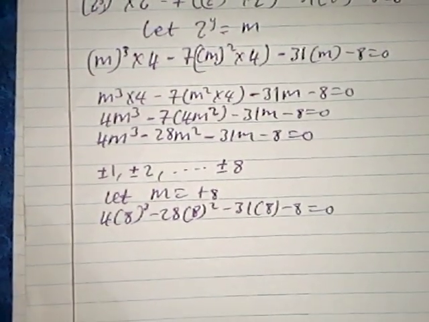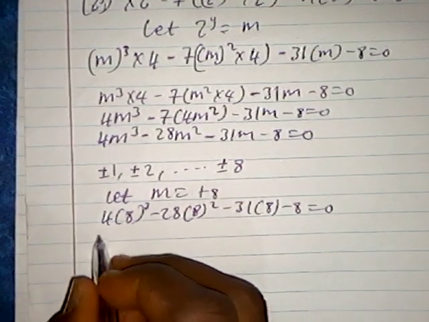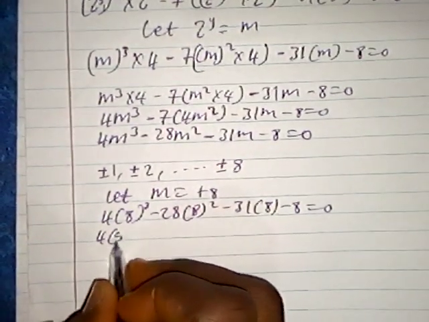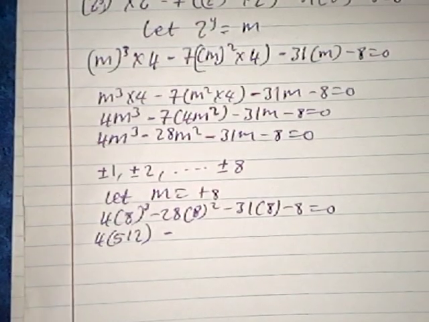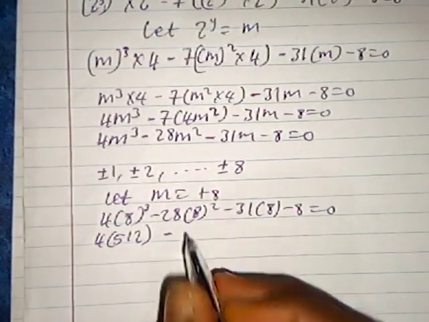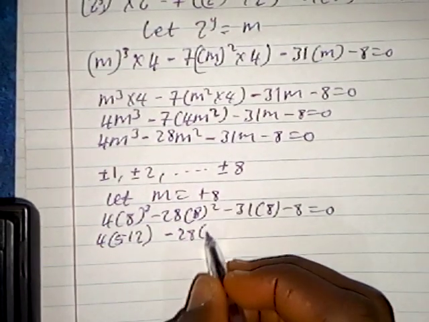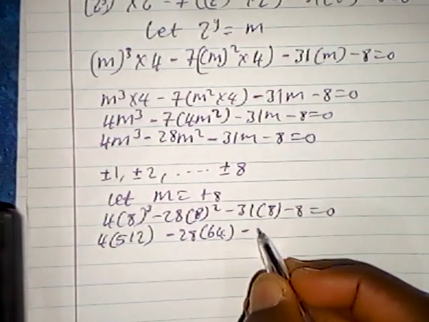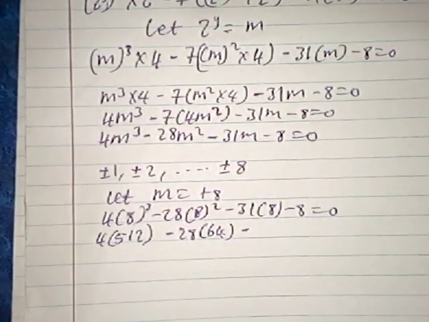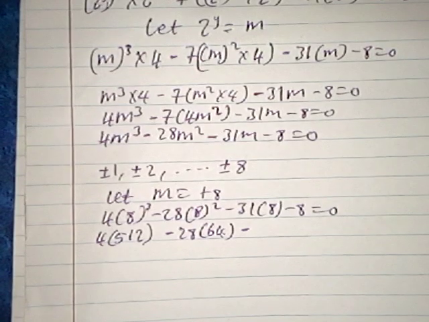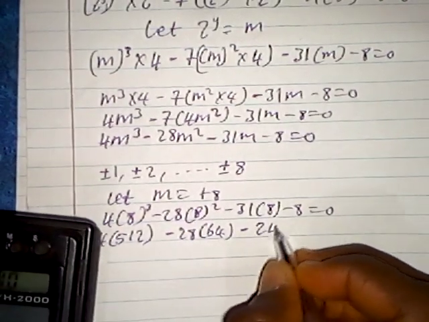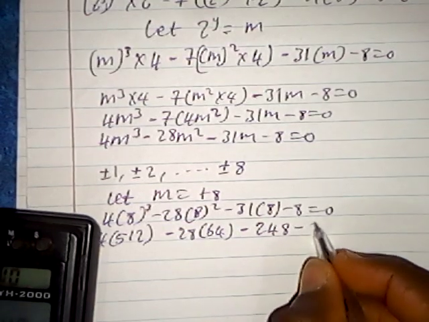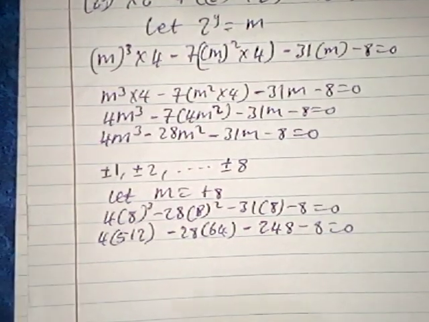Now we take 8 cubed. 4 into 8 cubed is what? 512, right? Minus, right? Good. So we take 28 into 8 square is 64 minus 31 times 8, right? If you multiply 31 times 8, it's going to give you 248 minus 8 equals to 0, right?